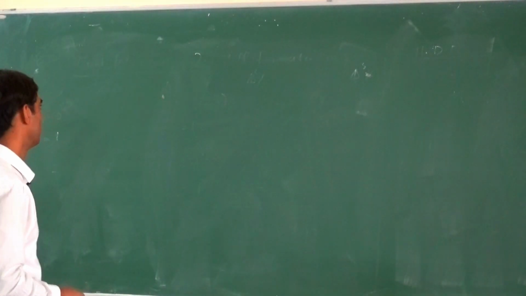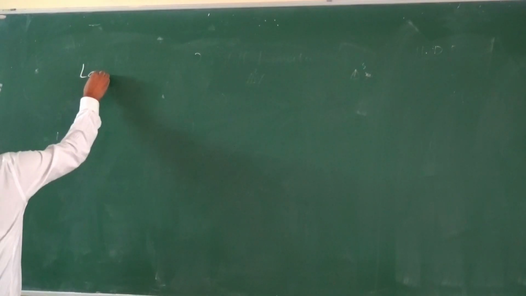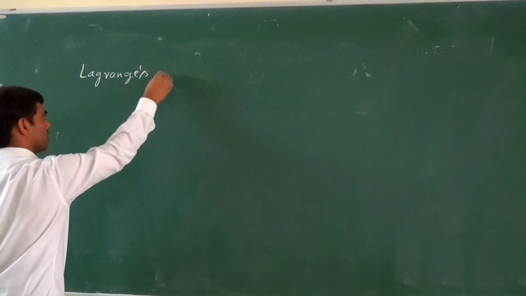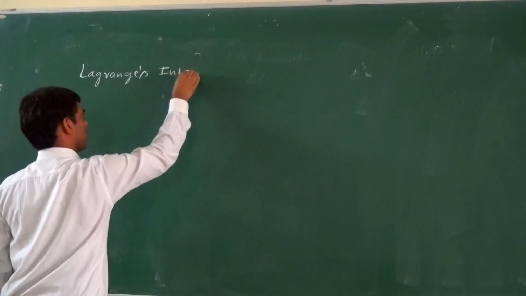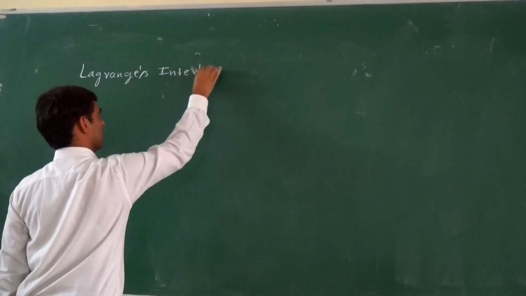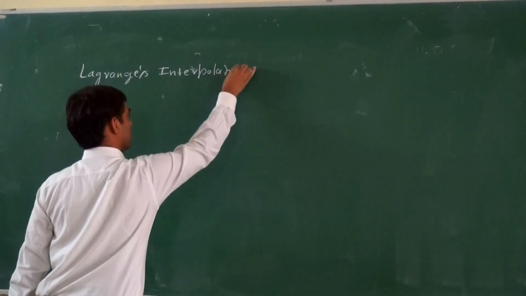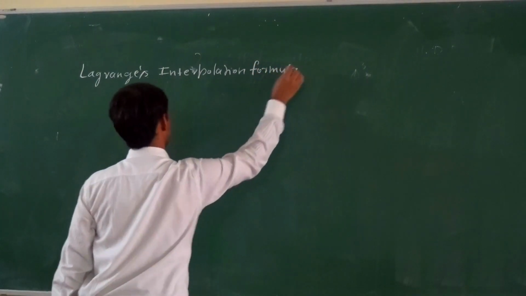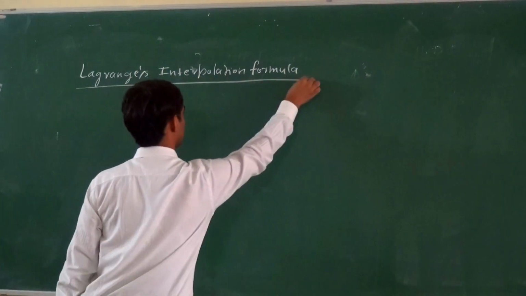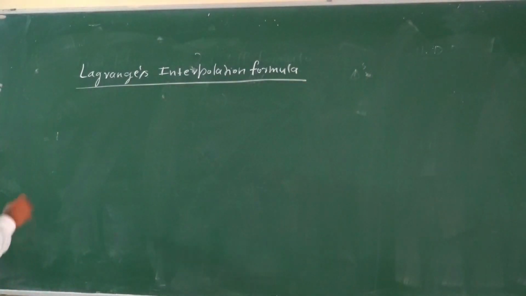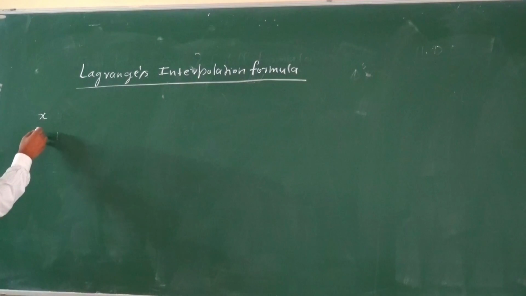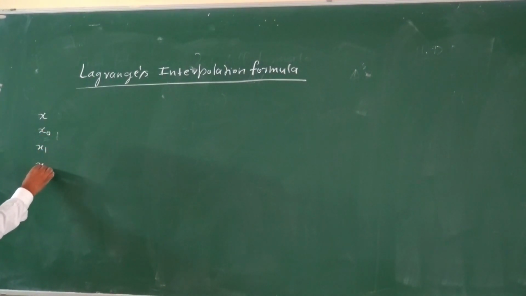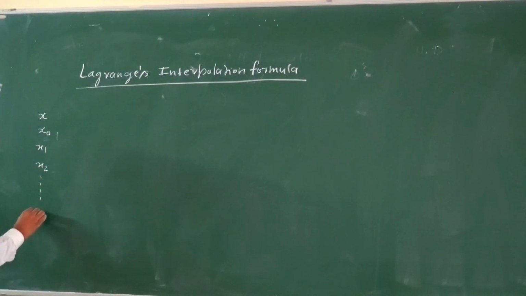So first of all, we derive the Lagrange interpolation formula. Suppose n plus 1 arguments are given: x0, x1, x2 up to xn.